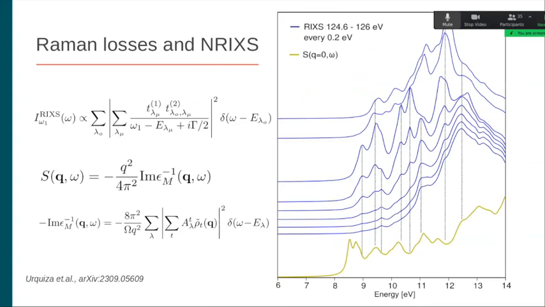And here I will describe briefly how we can compare them to other spectra that we obtain, for example, with non-resonant RIXS. So here again I show the equation that we arrived at before for the RIXS. And we compare the RIXS losses with the losses that we can compute with non-resonant elastic X-ray scattering.